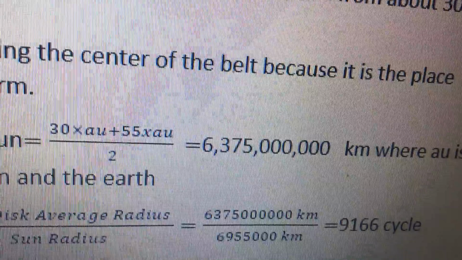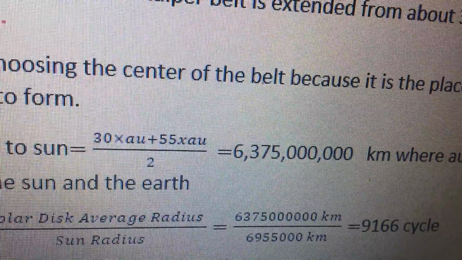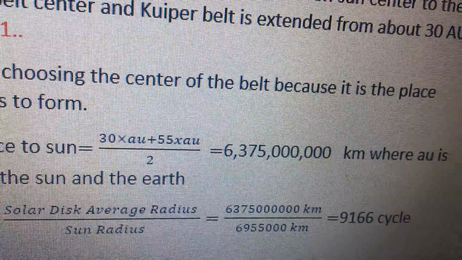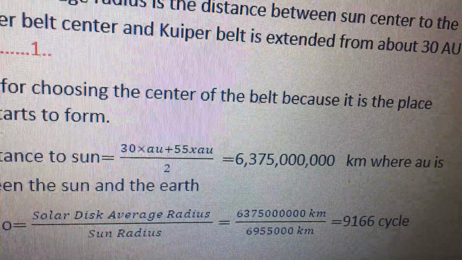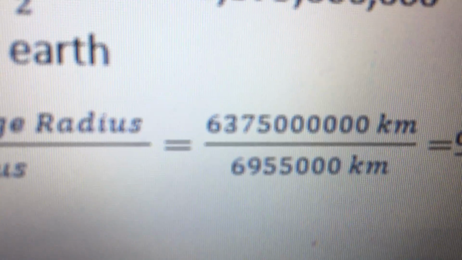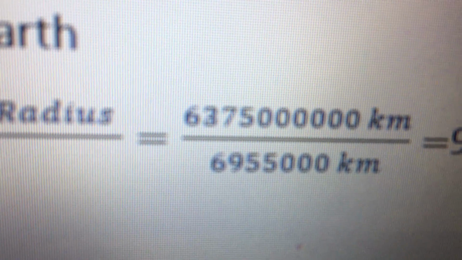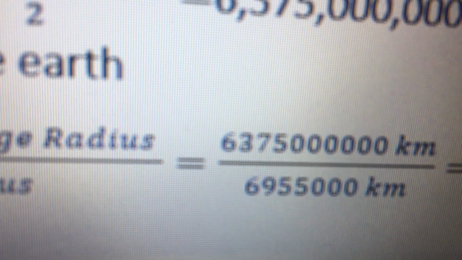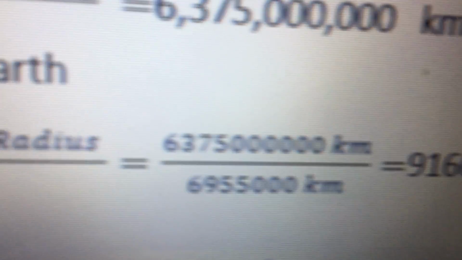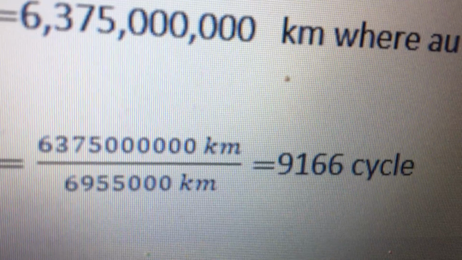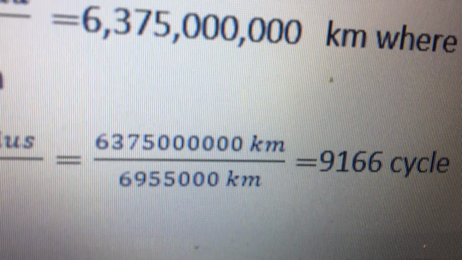This is the average radius of the solar disk in the beginning. When you divide this by the sun radius, it shows up the 9166 cycle.